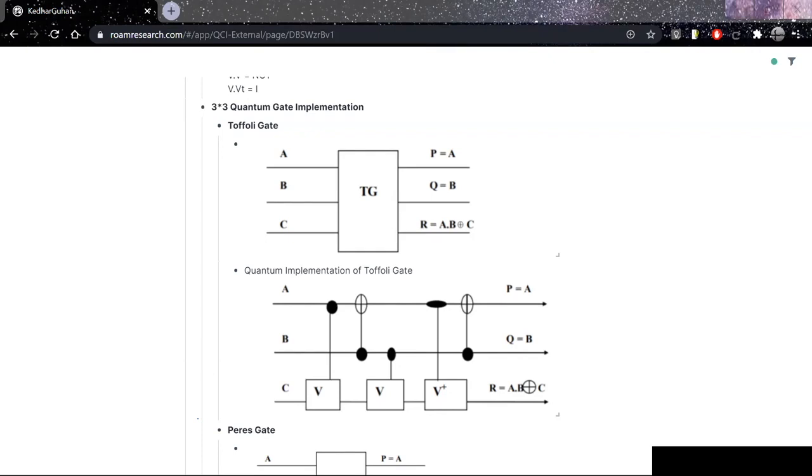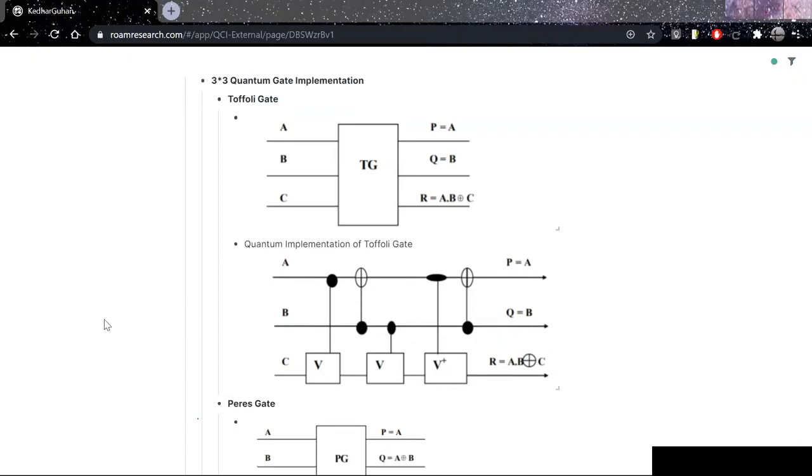Let me go into the implementation on 2x2 gates. In the first case, let's have zeros in A and B. What we expect our output to be is 0 XOR C, so that is C itself.